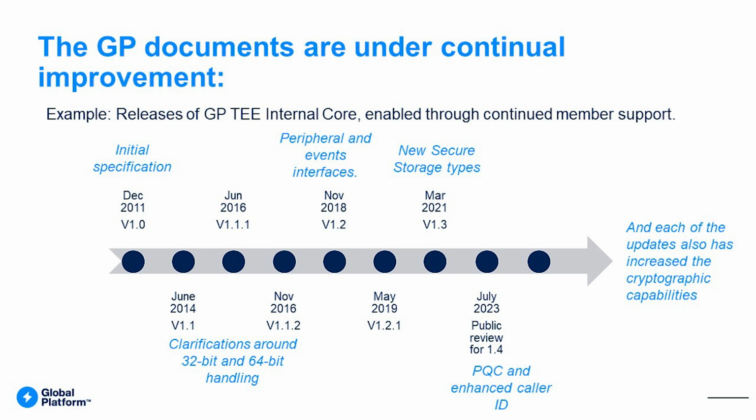Over the next, well, until today, we have been improving it. Initially, it was very focused on 32-bit computing because that's what was available back in 2011. Over the next 3 or 4 years, there were many clarifications added to it, and some of those were around 32-bit and 64-bit handling.